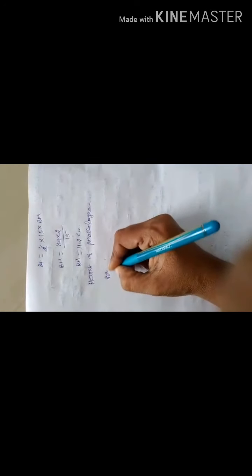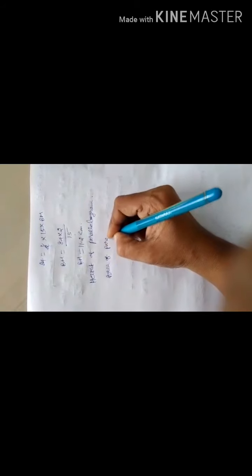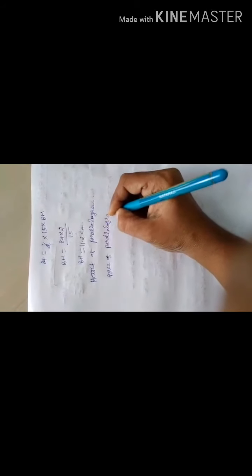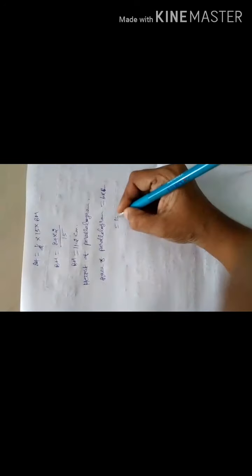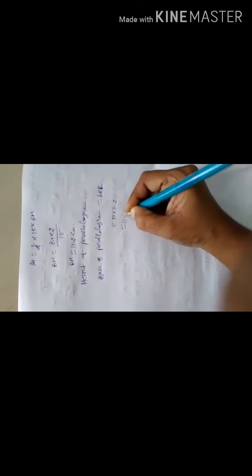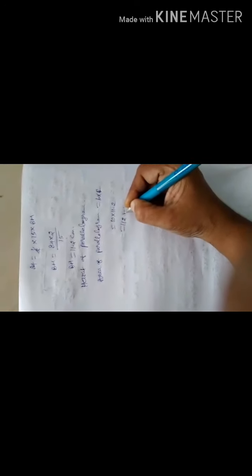So area of parallelogram equal to base into height. So here base is 10, height is 11.2, so 112 centimeter square.